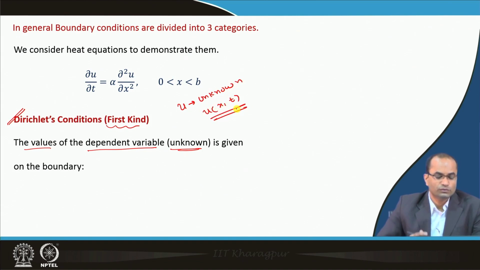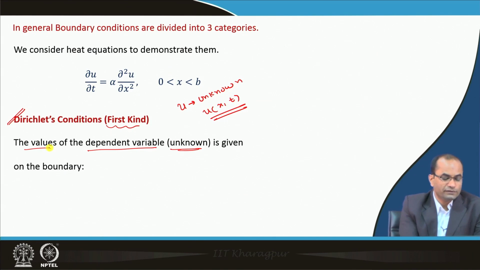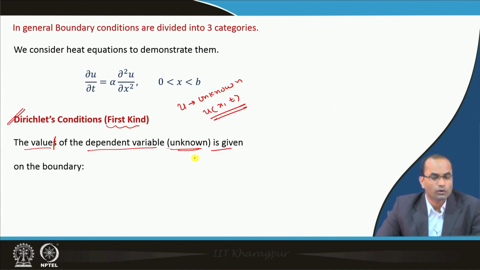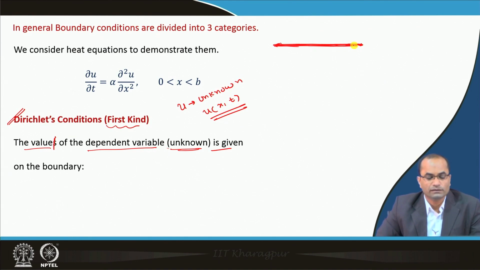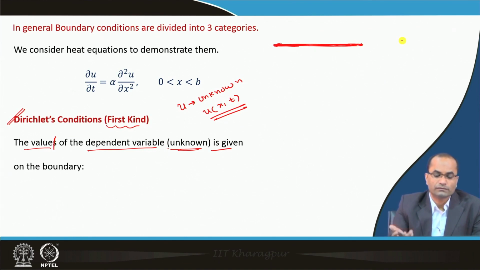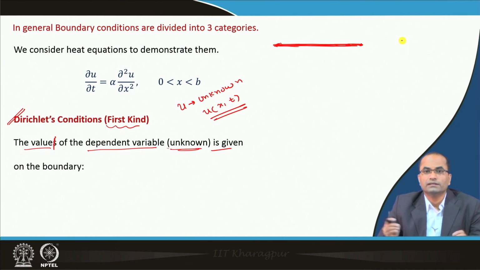If the value of the dependent variable is given on the boundary, then depending on what kind of boundary we have, for one dimension we have a situation where the given bar, or string, lies in the direction of x.